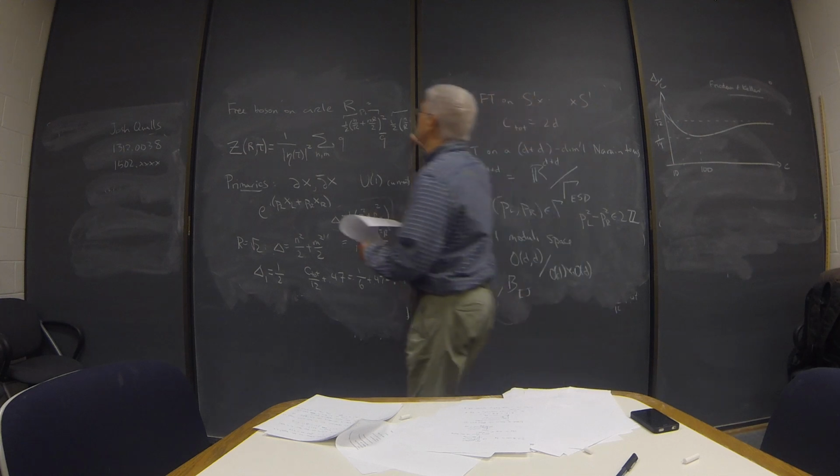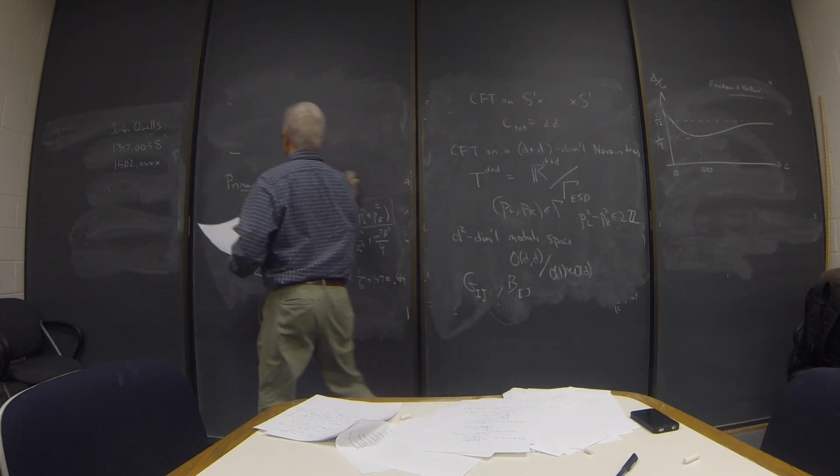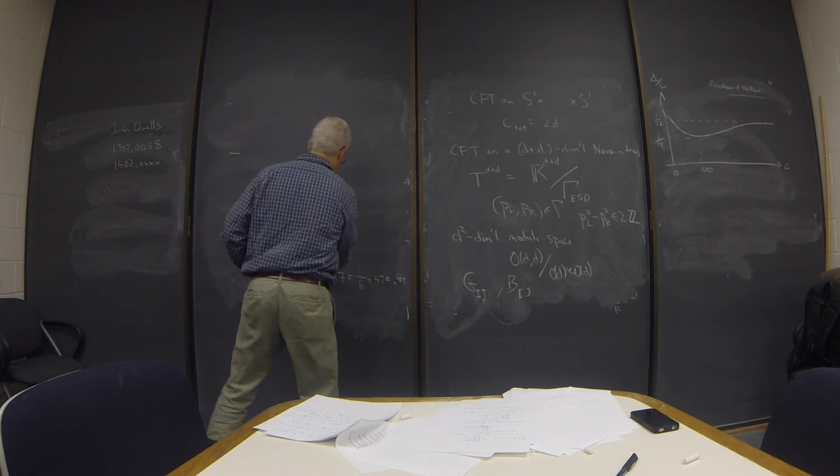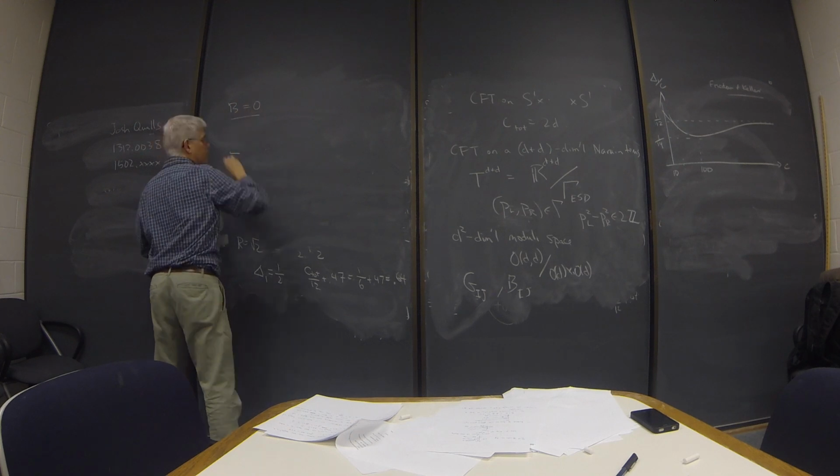Okay, so let's just quickly talk about the dimension of the lightest state in the case when B is 0.